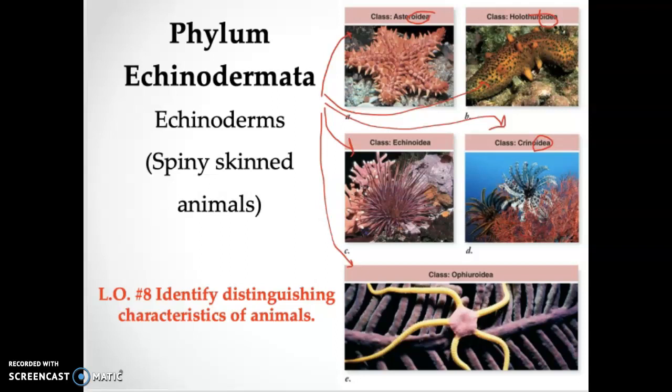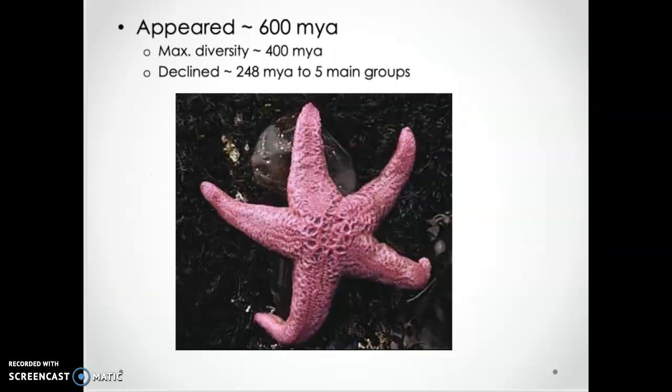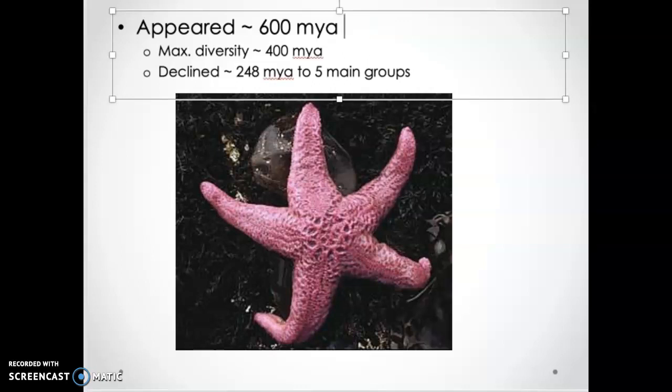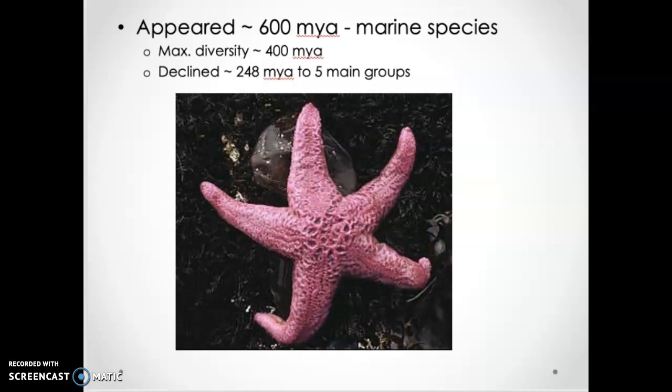But let's take a quick look at the history. The earliest echinoderms evolved around 600 million years ago. These are marine species. We do not see terrestrial or freshwater ones. They are all marine species.